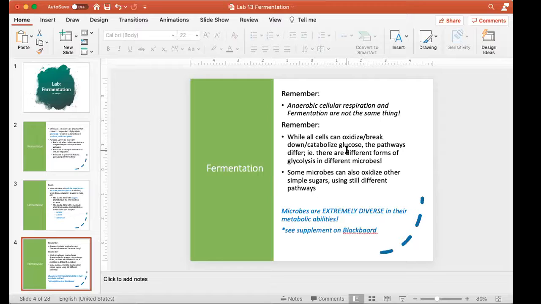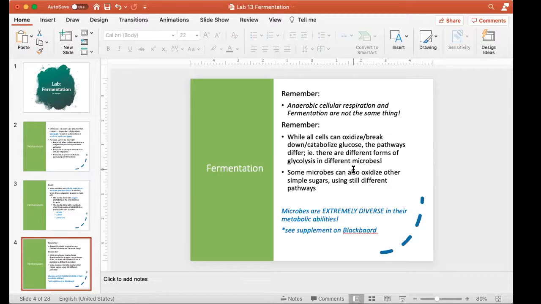All cells can oxidize, catabolize, break apart glucose, but the pathways they're doing it are different. And as I said a minute ago, some microbes can use other carbohydrates to get glucose. So they start with a different carbohydrate and they break that down to get the glucose and then go through the breakdown process of glucose.